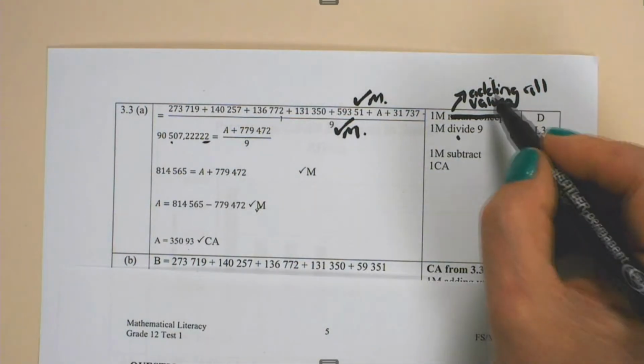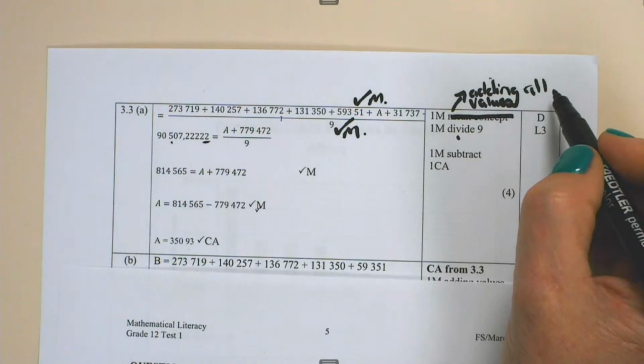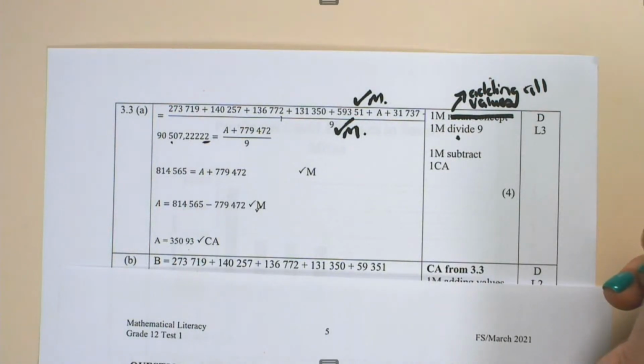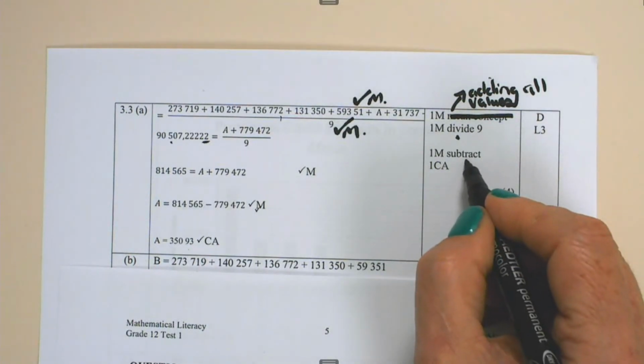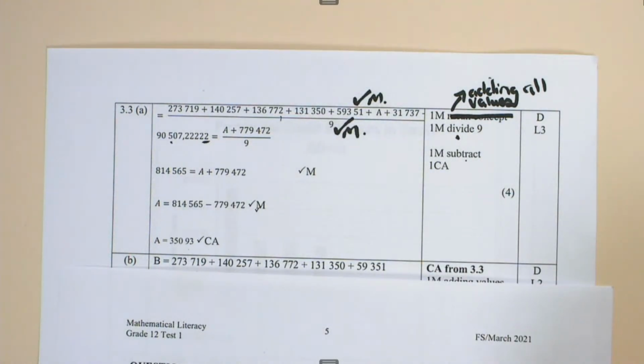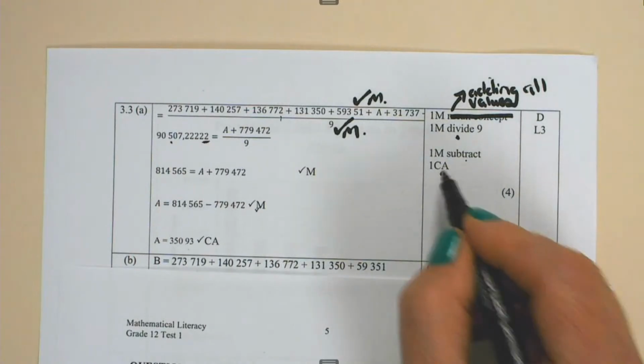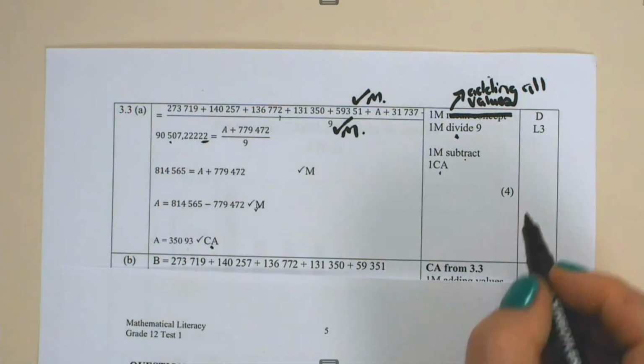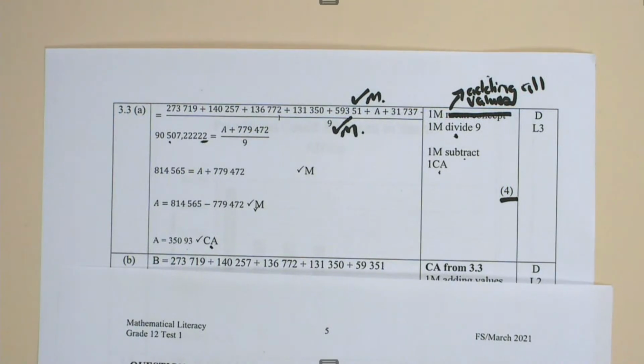So I give 1 mark for adding all the values and A. I give 1 mark for divide by 9. This actually has to do with changing the subject of the formula. Then I get 1 mark for CA, the final answer here. And that is the only way to get A for 4 marks here.